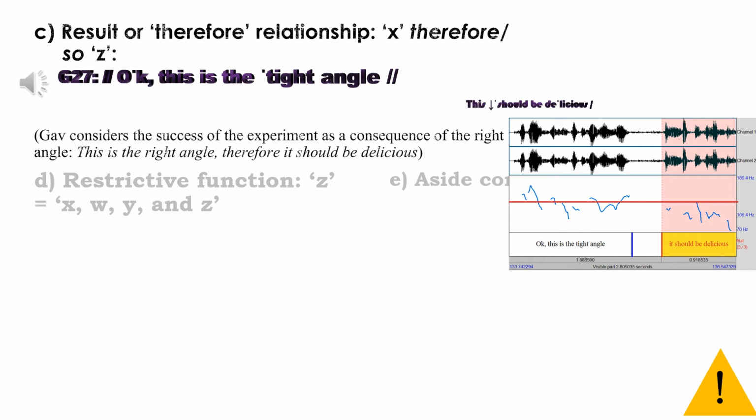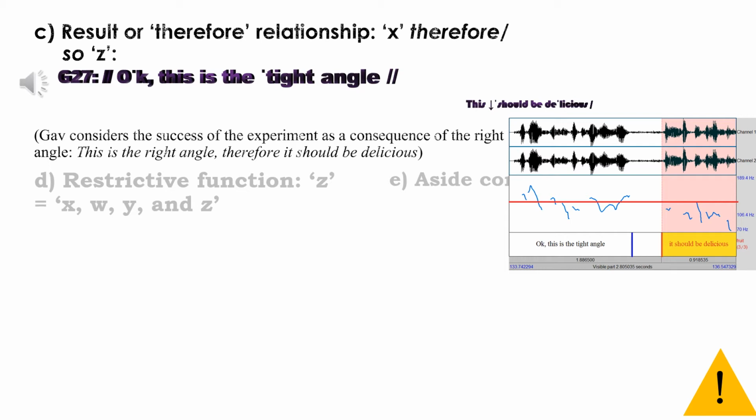Something that should be said is that both the causal relationship and the result relationship are expressed by using prosodic means, not by using connectors. What do we mean by that? That the listener infers, deduces the semantic meanings of causality and result without having the explicit connector.